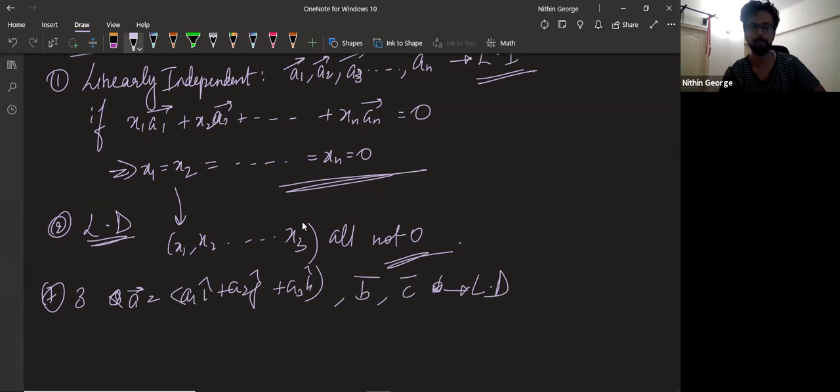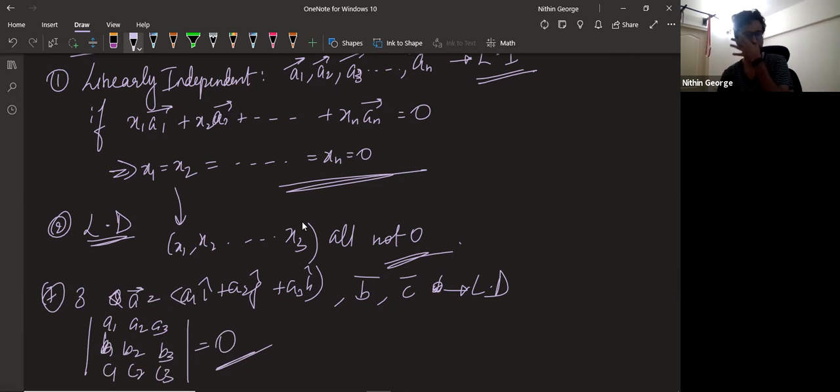So 3 vectors will be linearly dependent if the determinant of A1, A2, A3, B1, B2, B3, C1, C2, C3 is equal to 0. All right, got this? If the volume is equal to 0, things like that. Okay, volume formed by these 3 vectors will be equal to 0.